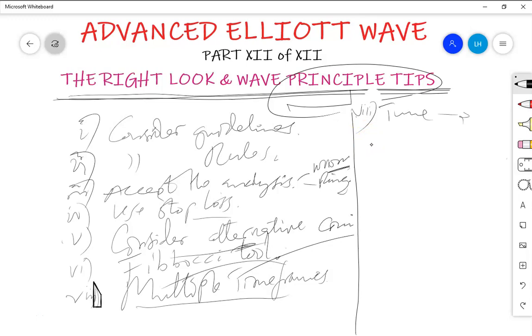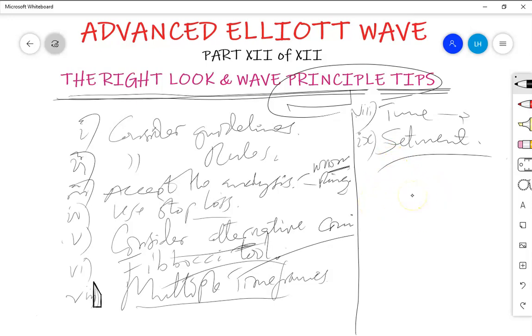Another thing that is very important is to gauge the current sentiment. This is very key, sentiment. It is true that you can make your own counts, and those counts may take you in a specific direction of the market.